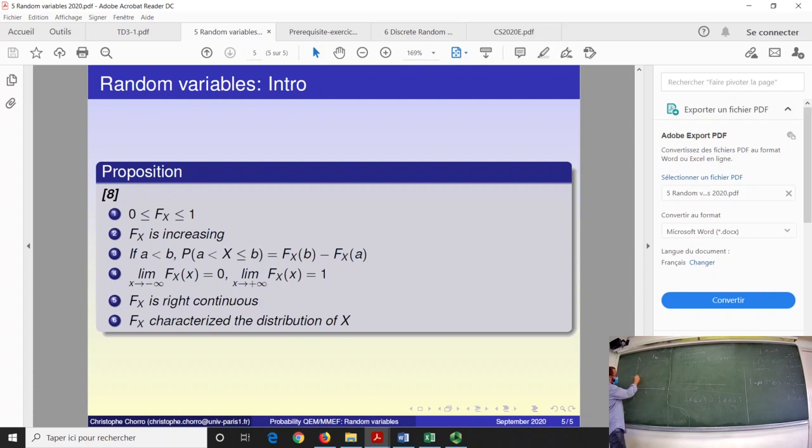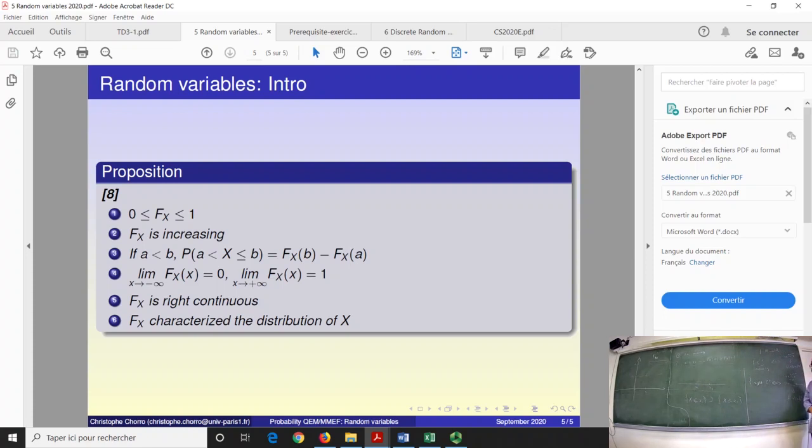But in this situation, since this point is included in my interval, I have the right continuity. So if you take a decreasing sequence, it works. If you take an increasing sequence, it doesn't work in this situation because I have my jumps. So you have here an example of a mapping that is right continuous but not continuous.